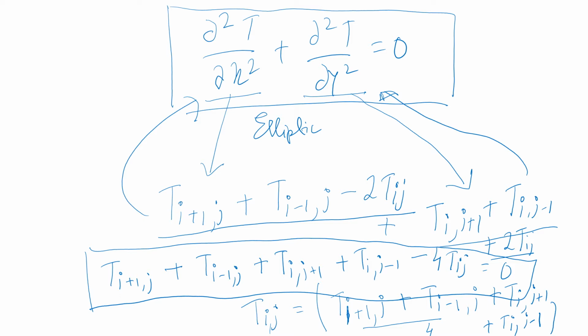Because here it is minus 4 Tij, and if you take this into the right hand side, you have 4 Tij, then you put 4 in the left hand side in the denominator, so you will get this. And this Tij gives the temperature at the ith and jth point. Here the temperature is a function of positional coordinates x and y.